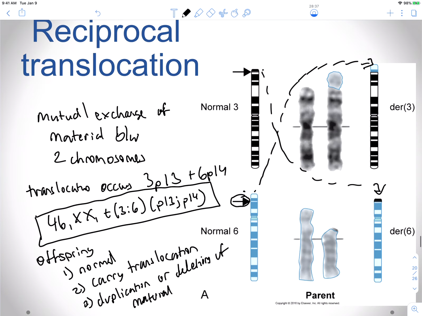So if you have an offspring that has this derivative 3, so this goes into the offspring, and then in addition to this you have a normal 6, that means that this portion of chromosome 3 is a duplication of this normal chromosome 6, and so this individual has a partial trisomy.